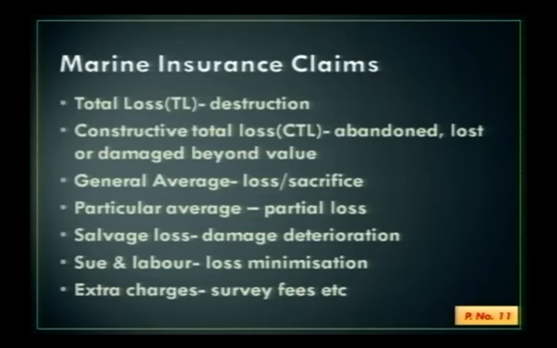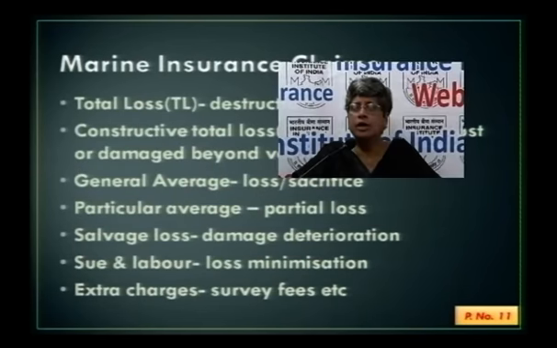Instead of carrying it further where it will cause damage to other cargo also, he informs the owner that we are discharging this cargo because it is in bad condition. So the cargo can be disposed of at Aden by means of auction. This is known as salvage loss. To that extent, the insurance company pays the loss of the difference between salvage earned or auctioned off price and the actual value insured.